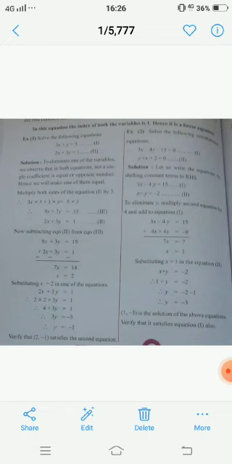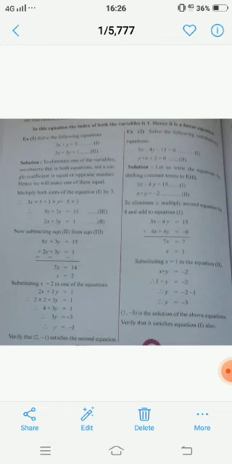Now here, the first equation is 3x plus y equals 5, and the other one is 2x plus 3y equals 1. I have to eliminate any one of the variables. So I'll eliminate y, because in equation 1 the coefficient of y is 1, and that will be easier for me to eliminate. I'll make it the same as in equation number 2.